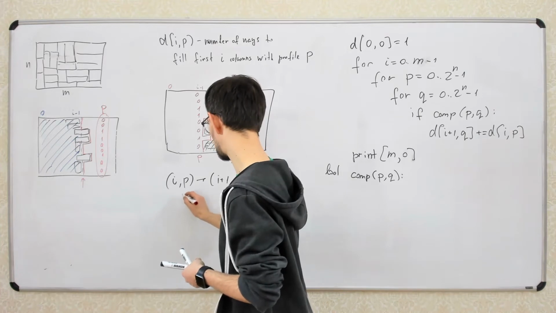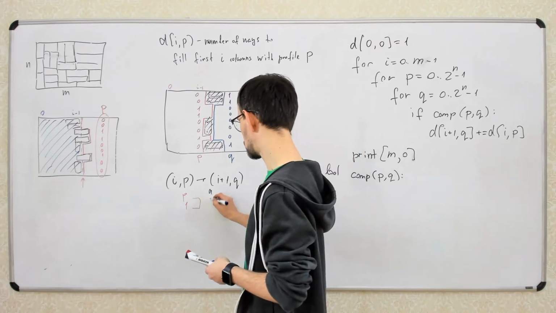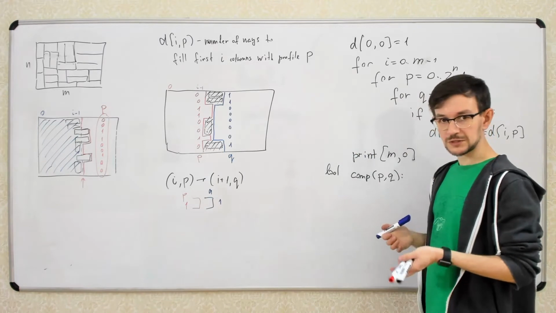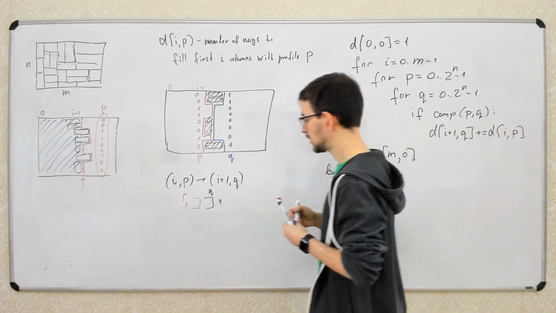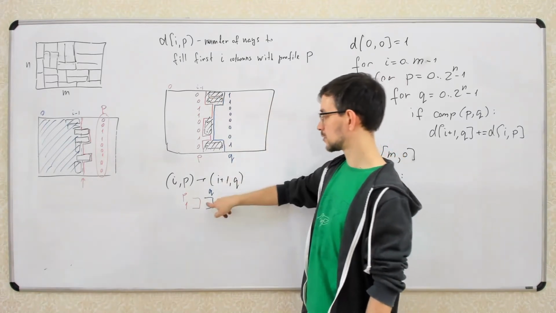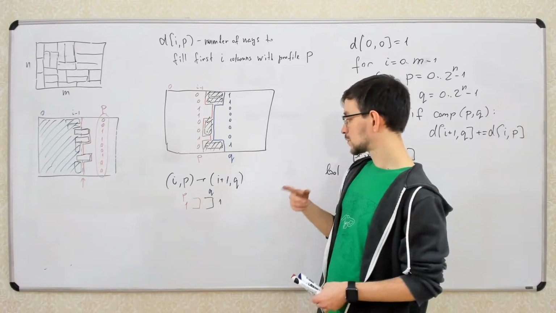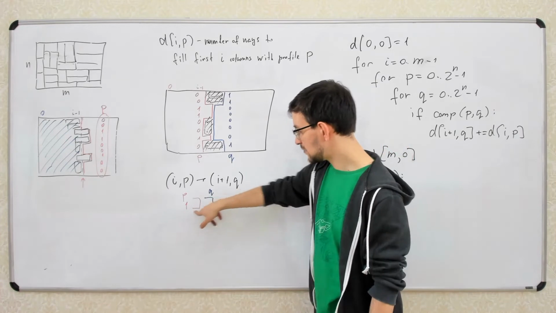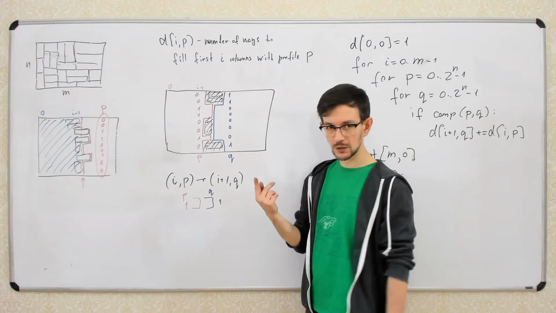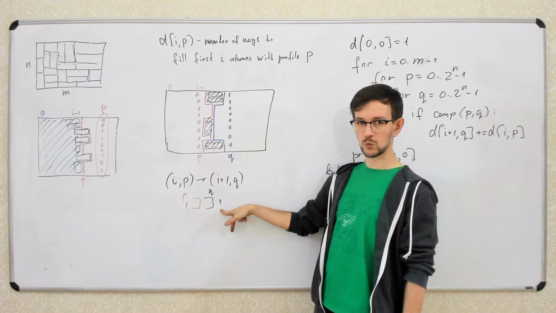In this profile P, if here you have 1, and in profile Q you also have 1, it is an impossible state, because if you have 1, it means you have a horizontal tile here, but you can't place a horizontal tile because this square is not empty. So let's find if we have a situation like this. Let's find if there is some bit in which you have ones in both profile P and profile Q.